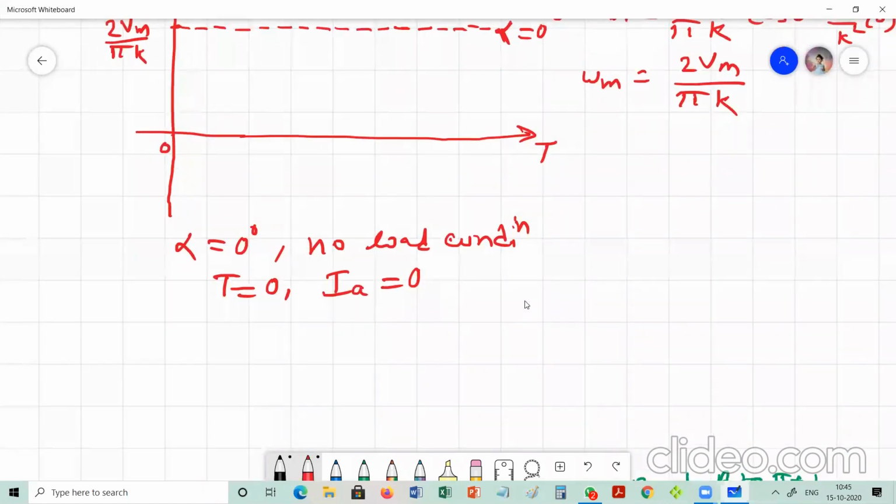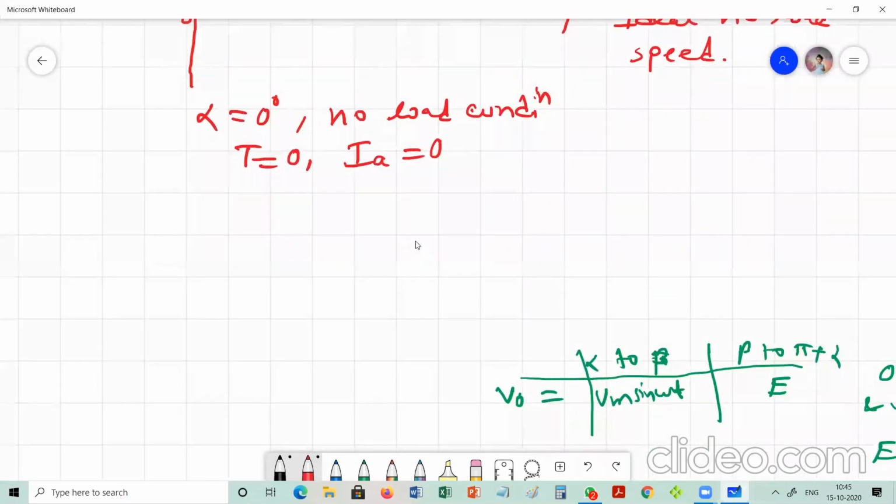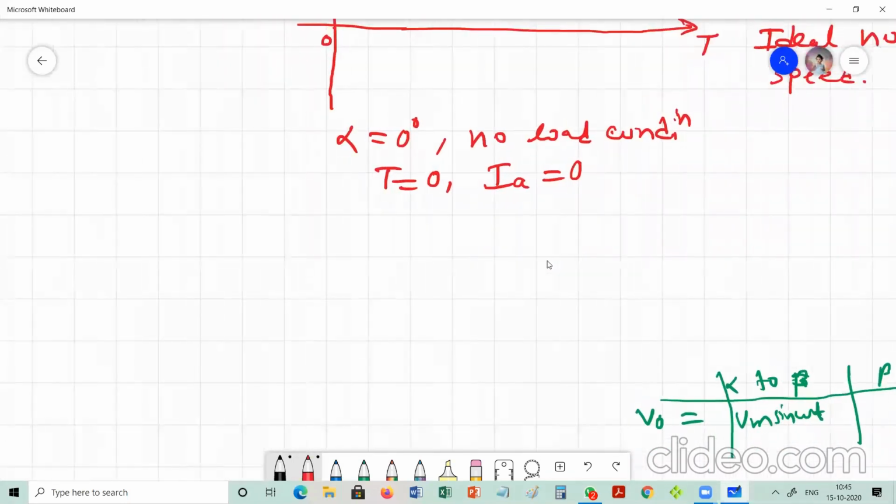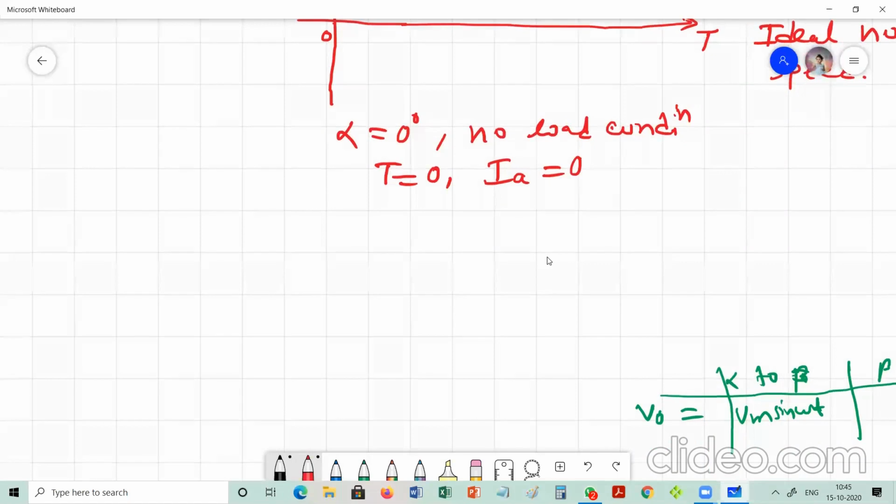This speed omega m equal to 2Vm by pi k is known as the ideal no load speed. Remember, to get this we have considered there is no load on the machine, meaning Ia is equal to 0.